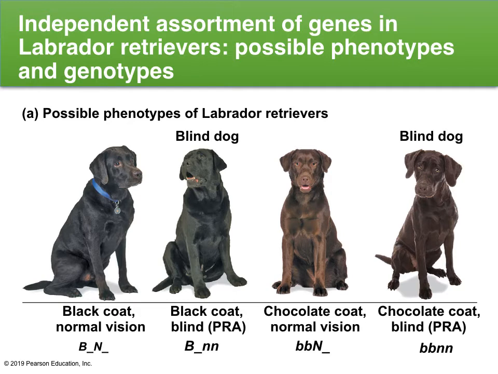Either one of those would give you the dominant phenotype. Same thing for the vision. You could have normal vision with just 1 copy of the dominant allele and the second be the recessive allele. You could have another with 2 copies of the dominant allele. So when you have a dominant phenotype, right off the bat, you don't know the whole genotype. You only know that it has at least 1 copy of the dominant allele.